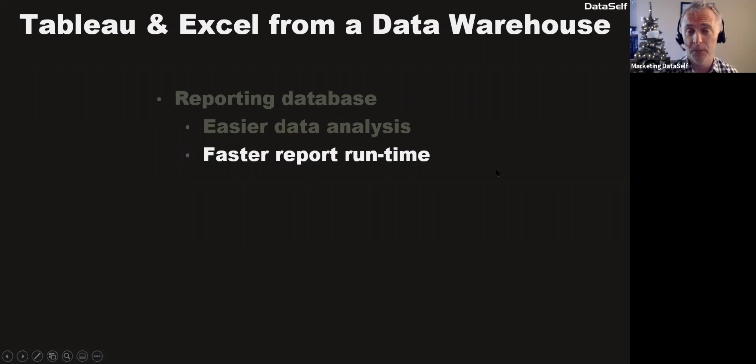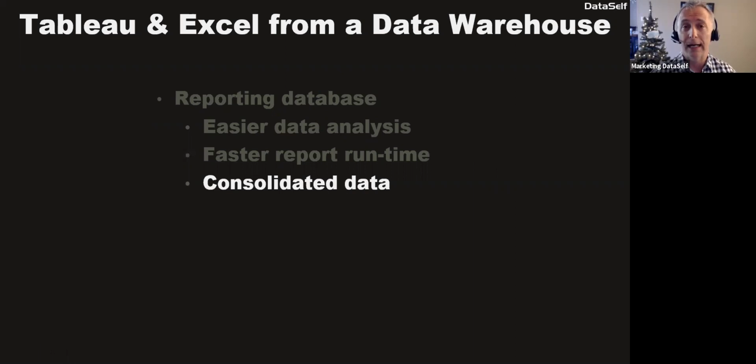It's faster. Again, when you run things out of the data warehouse, usually it's going to run in seconds, not minutes and hours if you don't run out of the data warehouse. The data can be consolidated. So when you look at your data, you can see everything that is related together. Yes, you might need to ask the data warehouse person to make tweaks to combine data. That's a one-time setup that this more technical person will do on the server.